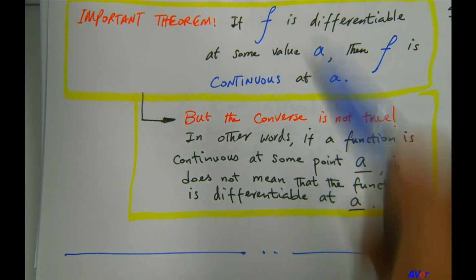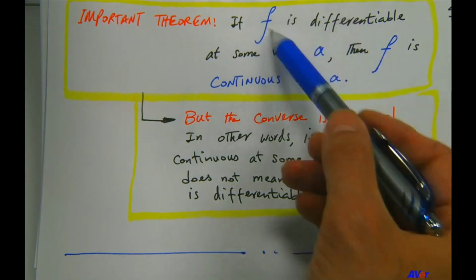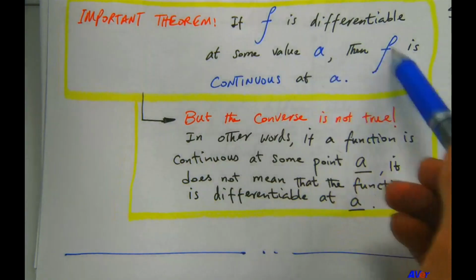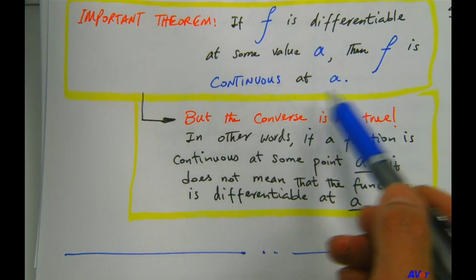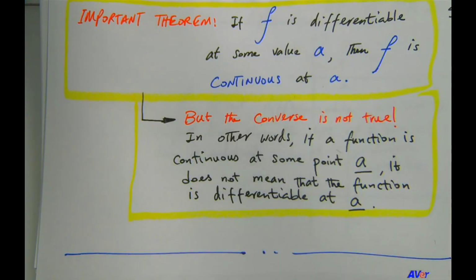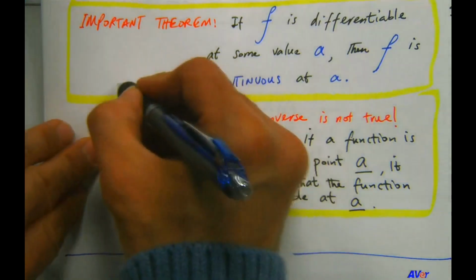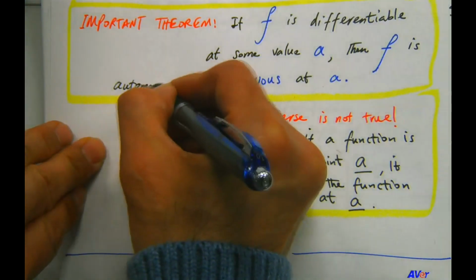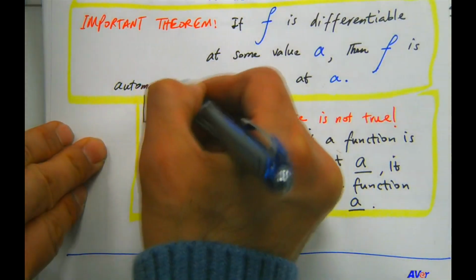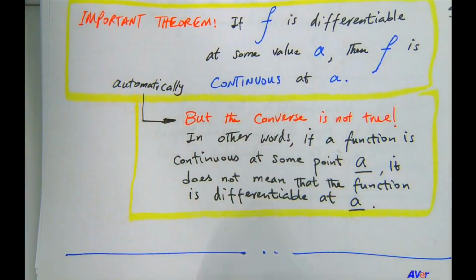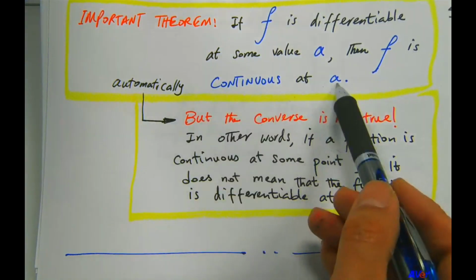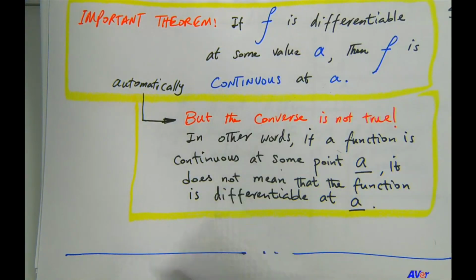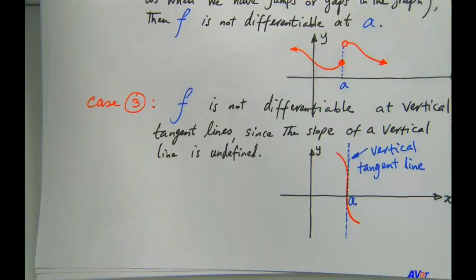The fact that if a function is differentiable at some value a, then the function f is automatically continuous at a. But of course the converse is not true. If you have a function that is continuous at some value, it doesn't necessarily mean that that function is differentiable at a. Okay.